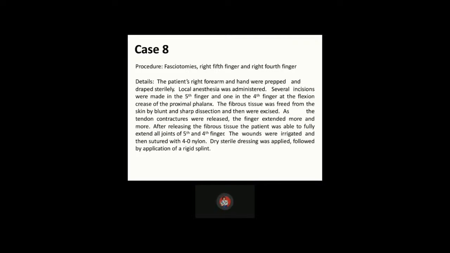As the tendon contractures were released, the finger extended more and more. And after releasing the fibrous tissue, the patient was able to fully, can you just visualize that? Like wiggle your fingers. The patient was able to fully extend all of the joints of the fifth and fourth finger. And then, of course, they cleaned up the area.